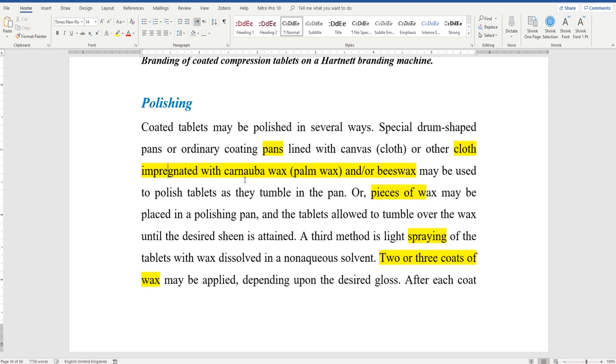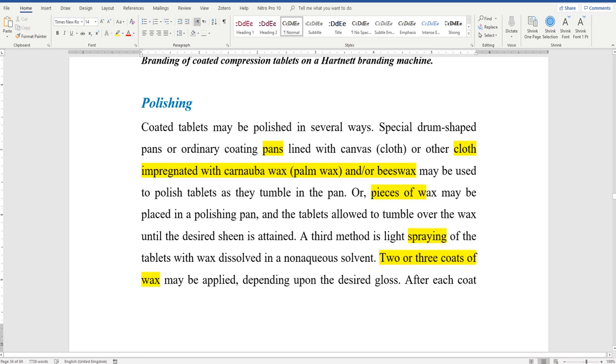This wax can be carnauba wax, which is palm wax, the same thing, or beeswax. So first you impregnate the cloth with the wax, and this cloth will be lining the coating pan. After that you add the tablets and you start automatically rotating the pan until the required glossiness is attained by the tablets.